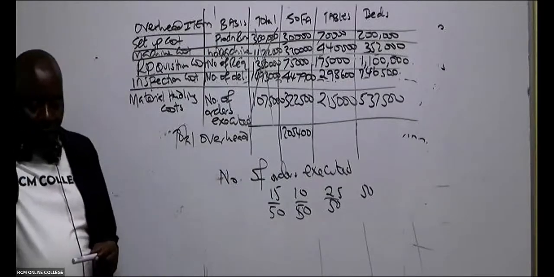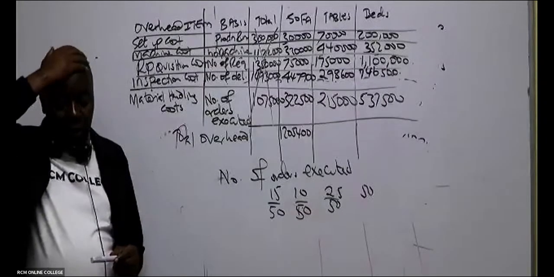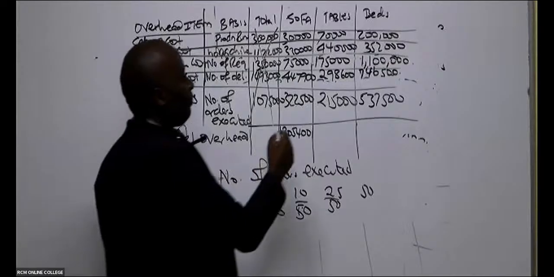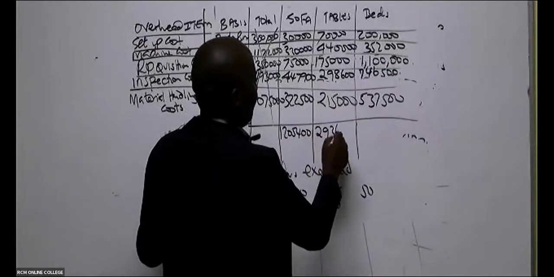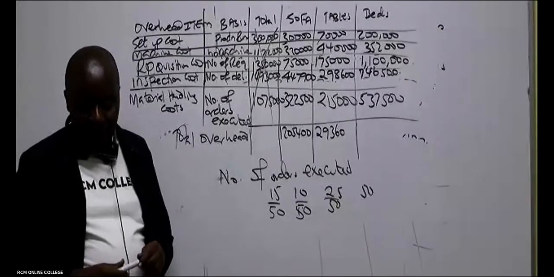Go ahead and do the same. Thank you, Cecilia. Thank you, Gadoni. Go ahead and do for tables, 29,360. Oh, the figure is wrong.